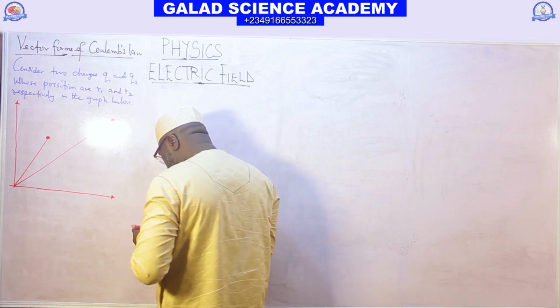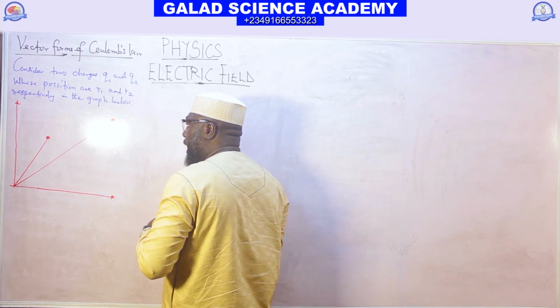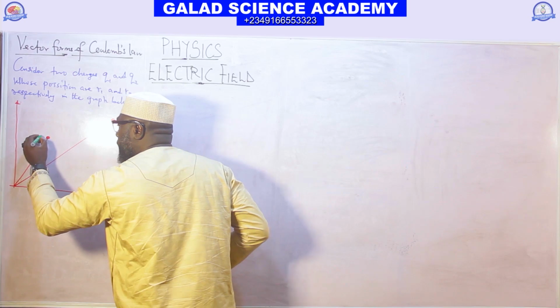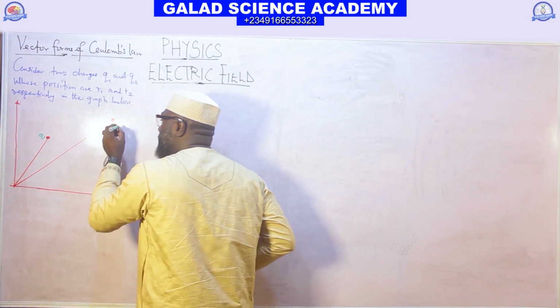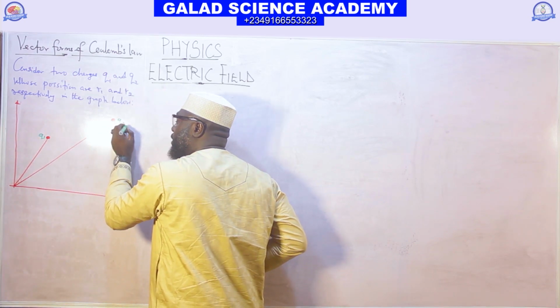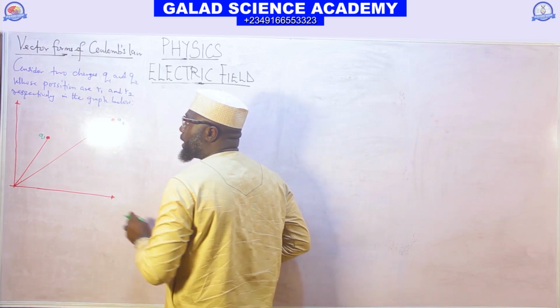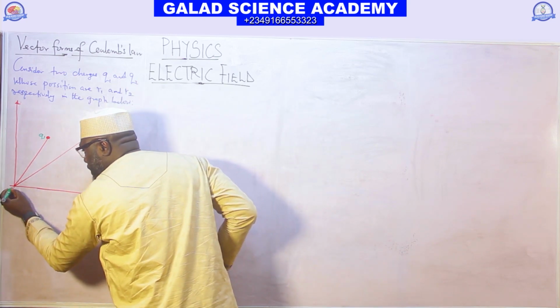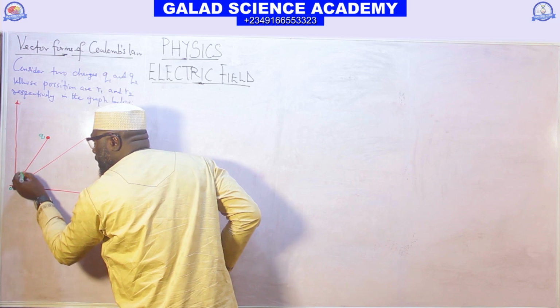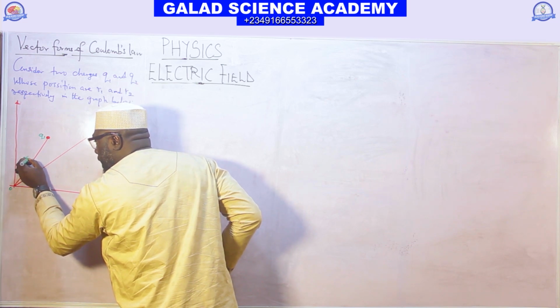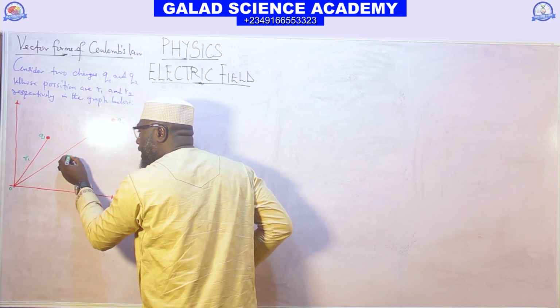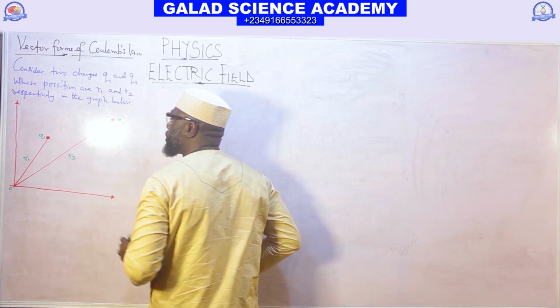This place is the origin. The distance to Q1 is R1 and the distance to Q2 is R2.